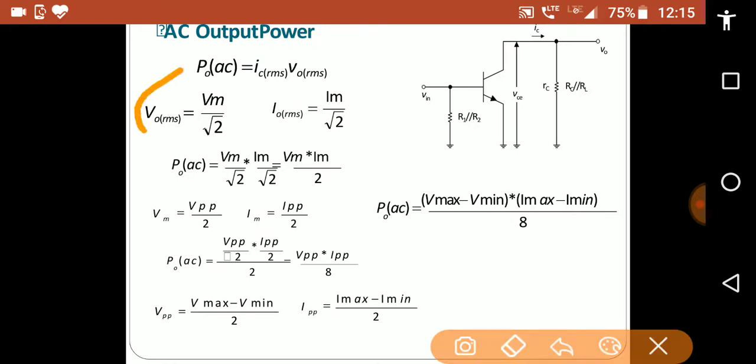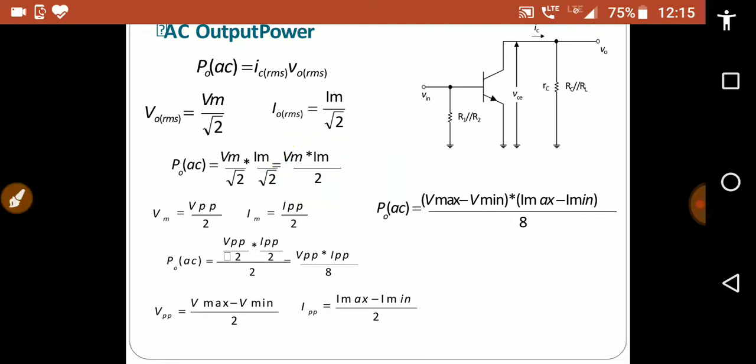Here VORMS equal to Vm by root 2 and IORMS equal to Im by root 2. So POAC equal to Vm by root 2 into Im by root 2, equal to Vm into Im by 2. So this is the value of output AC power.